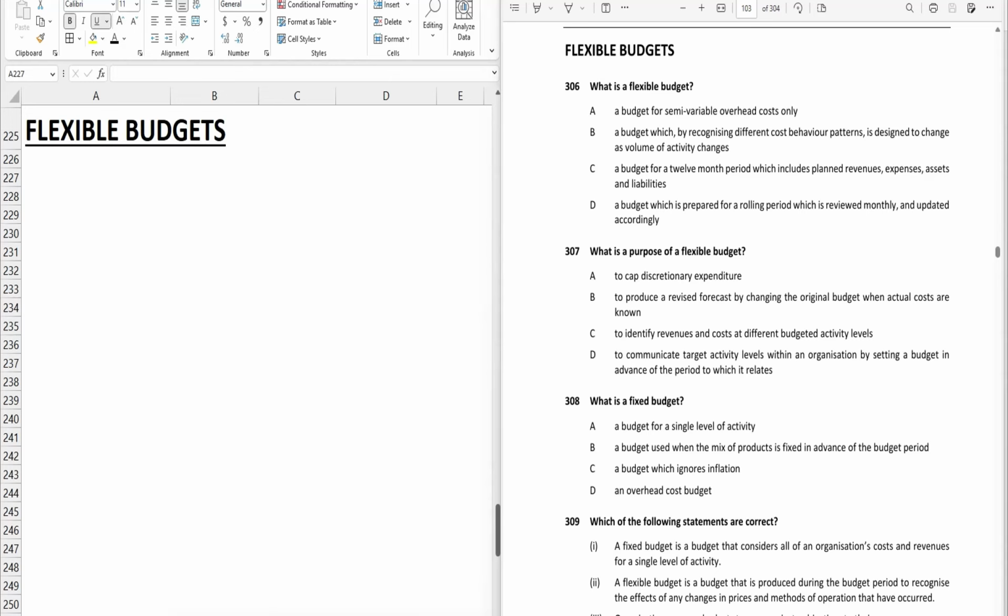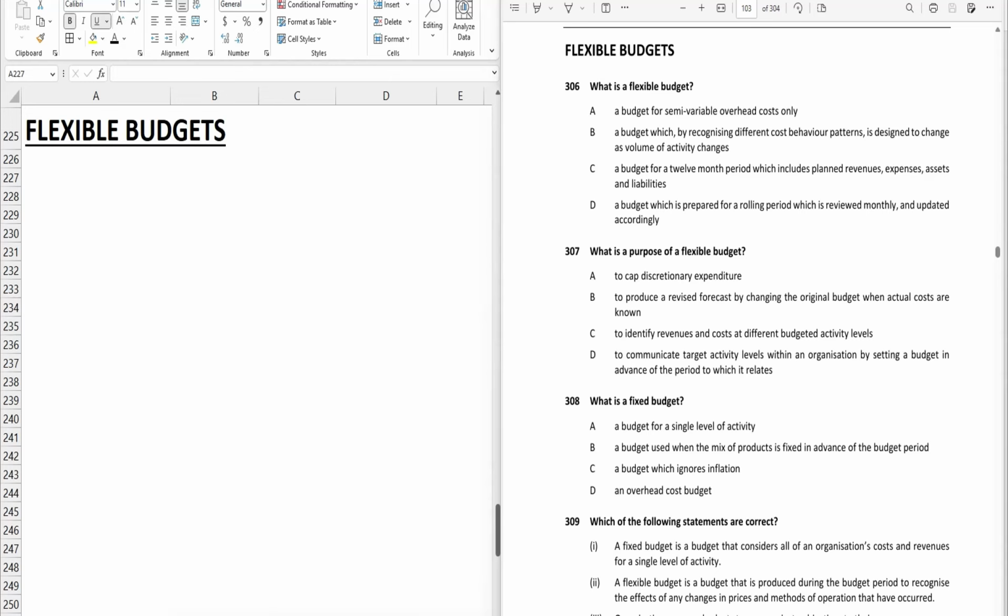So it recognizes that some costs are fixed, some are variable, and some are semi-variable. As the actual activity level changes, the flexible budget updates the expected revenue as well as cost accordingly. So yes, this statement is correct.